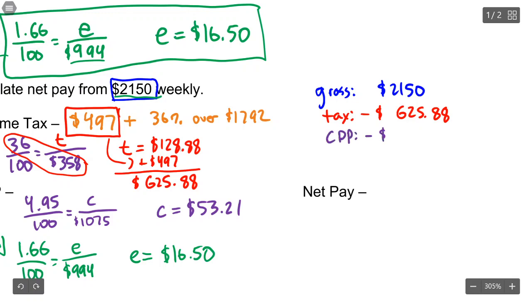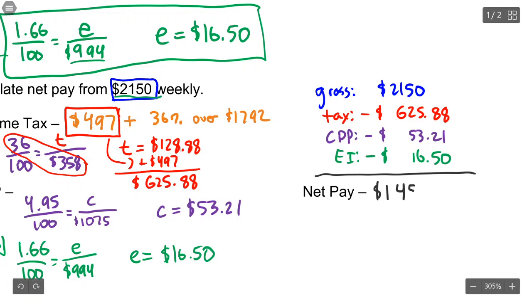We're going to subtract the $53.21. And our EI, we're going to subtract the maximum amount of $16.50. Put all that into a calculator, subtract, and you get a net pay of $1,454.41.